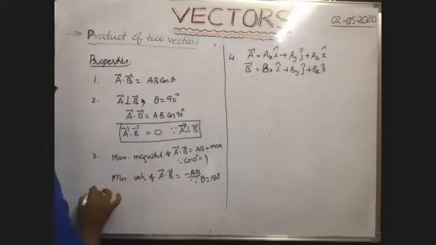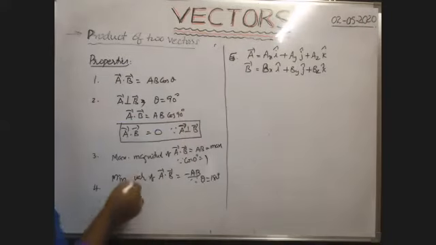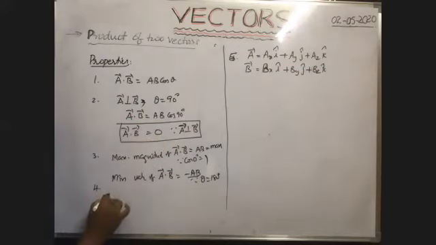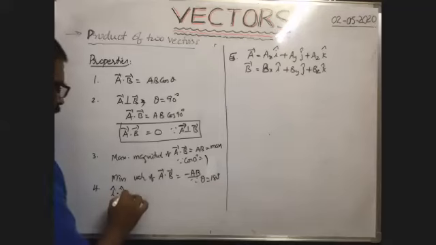Fifth point. Fourth point: dot product between two perpendicular vectors is 0, we know. Now, what is the dot product between two unit vectors, i cap dot j cap? I cap is the unit vector along the x axis, j cap is the unit vector along the y axis. These two are perpendicular to each other, no? Then what is the dot product between these two?